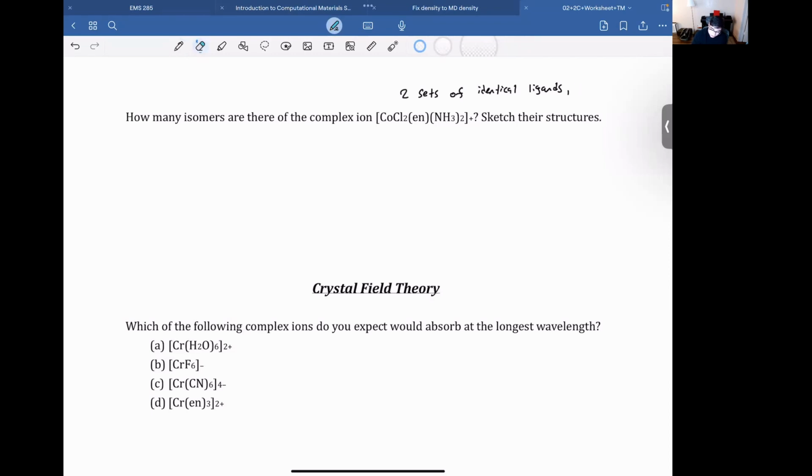Or I should say two sets, sorry, of two identical ligands. So we can draw both in cis or trans isomerism.